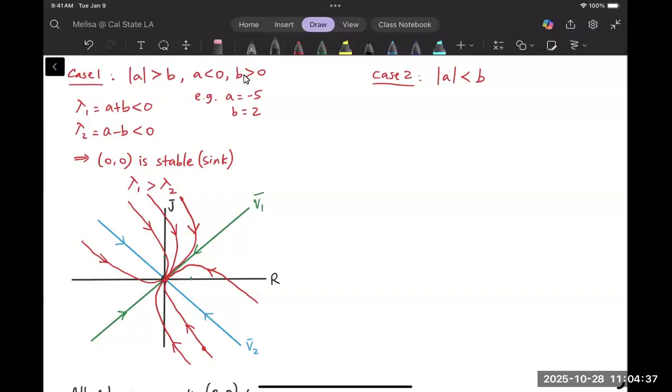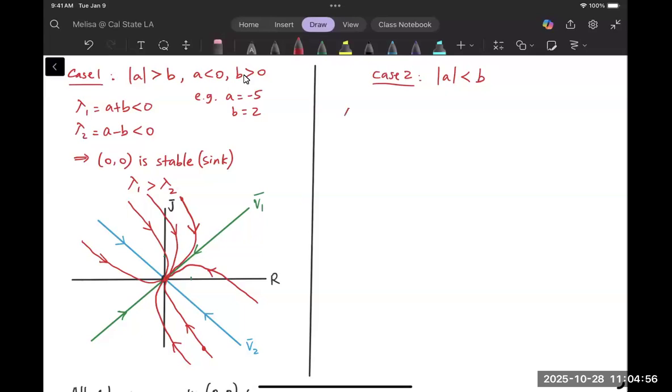Okay. All right, now let's look at case 2. For case 2, the absolute value of A is strictly less than B. So what are lambda 1 and lambda 2?